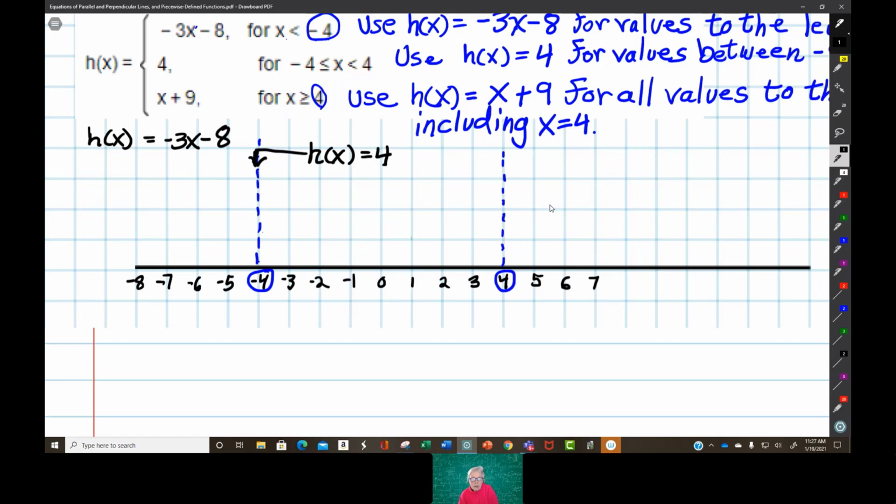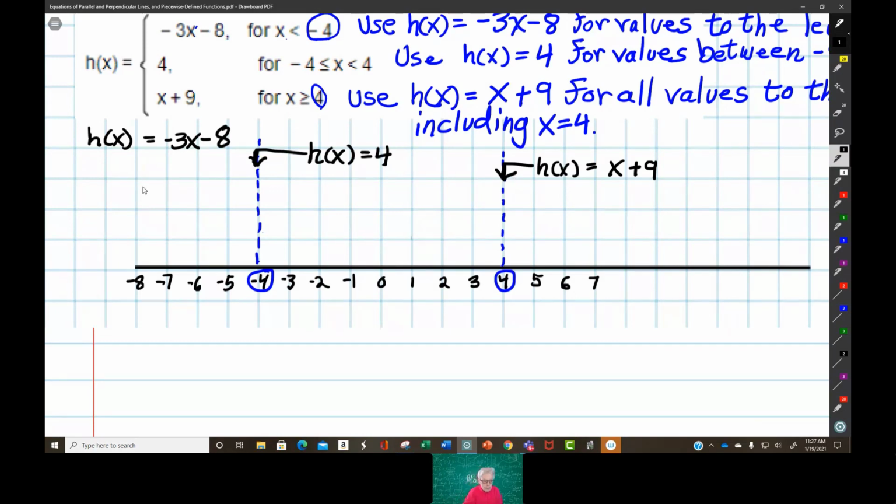And over to the right of 4, we're going to have h of x equals x plus 9, and this also applies to the number 4. There.